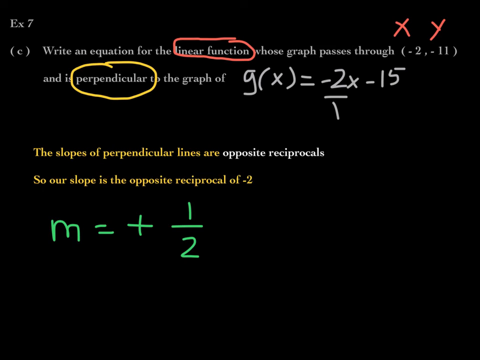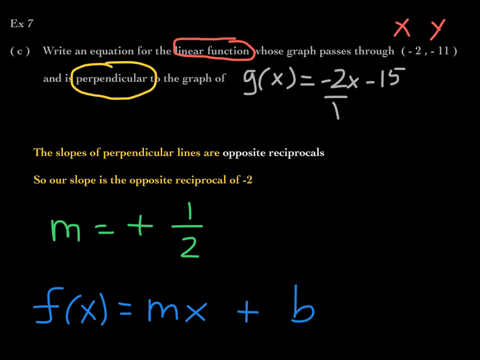All right, so here we go. F of x is equal to mx plus b. I know that our function must look like this because they told me it's linear. I'm going to plug in everything I know, which is, I'm going to plug in -2 for x, I'm going to plug in -11 for y, and I'm going to replace m with 1/2.